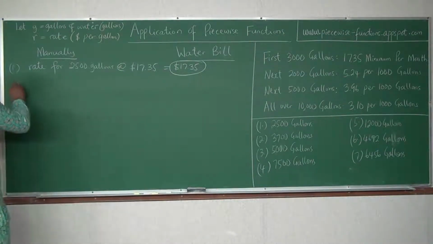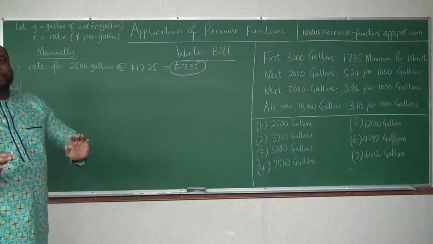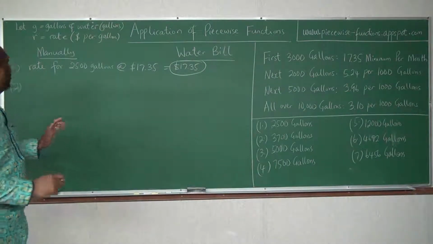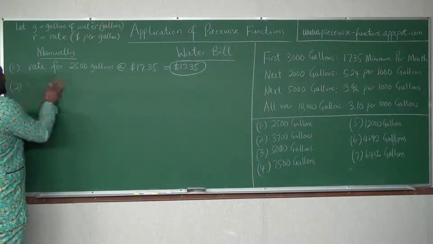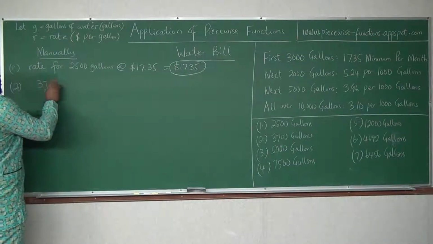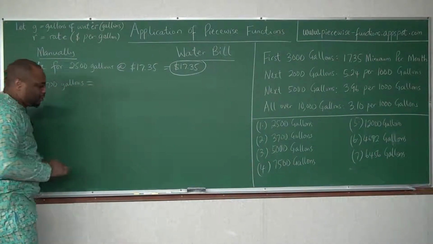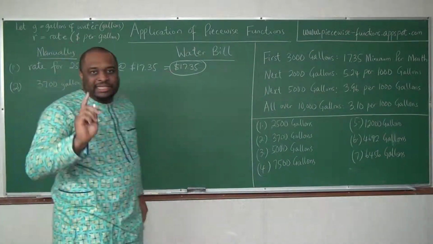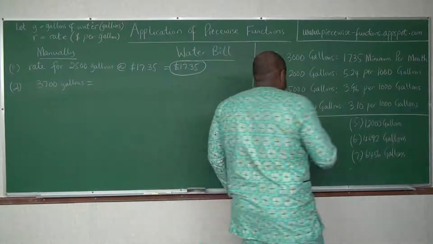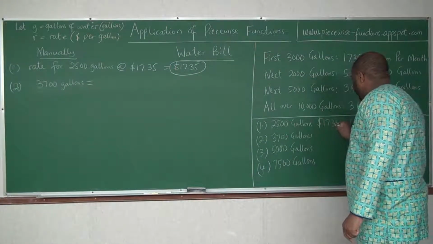Now the second one, we have 3,700 gallons. Now we have the rate for 3,700 gallons. Let me come here and I'll put, using yellow chalk, $17.35.